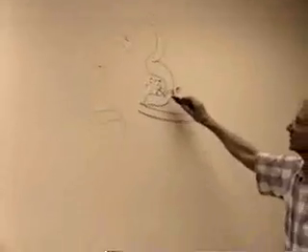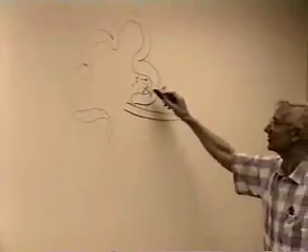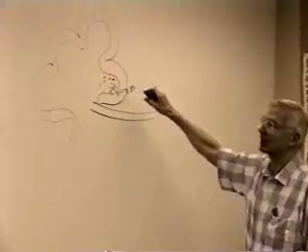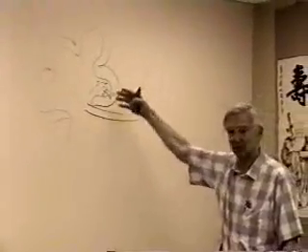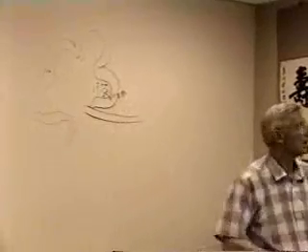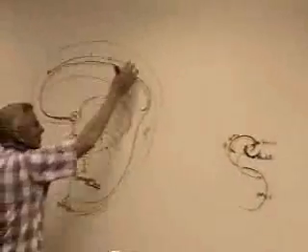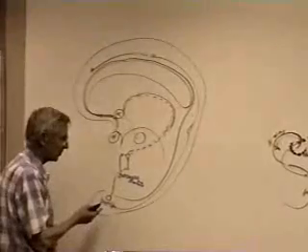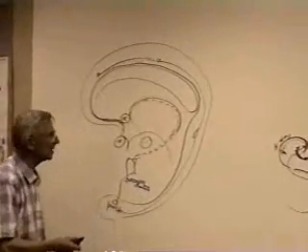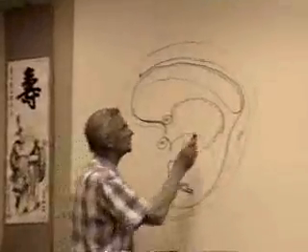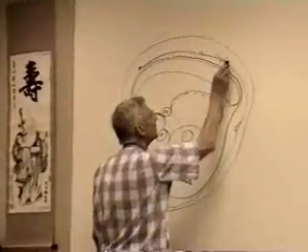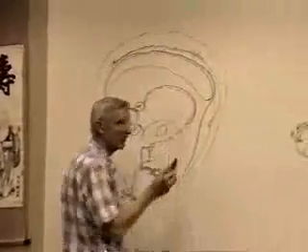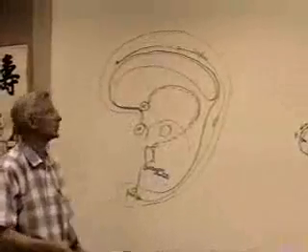But we have a major bundle of white matter running again in the same spiral around the corpus callosum into the temporal lobe. And that is the cingulum. White matter of the cingulate gyrus.